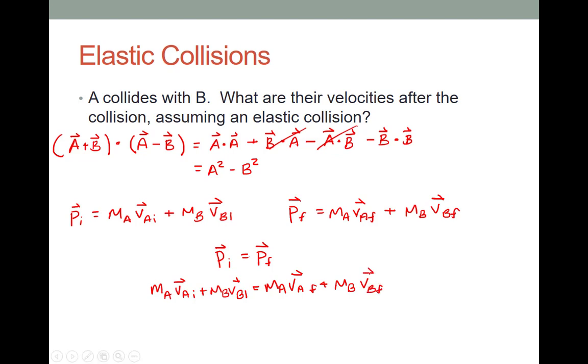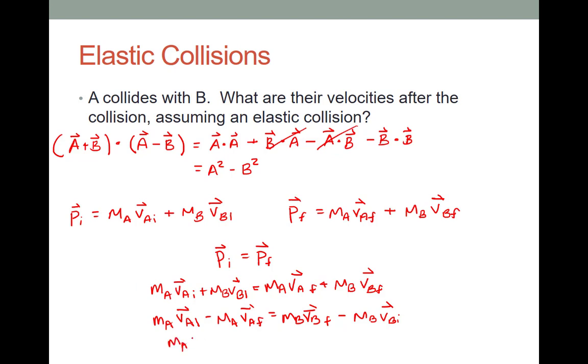For the next line, I'm going to move all of the terms involving mass A to one side, all the terms with mass B on the other side. So that's MA VA initial minus MA VA final, and that equals MB VB final minus MB VB initial. And now I'm just going to factor.